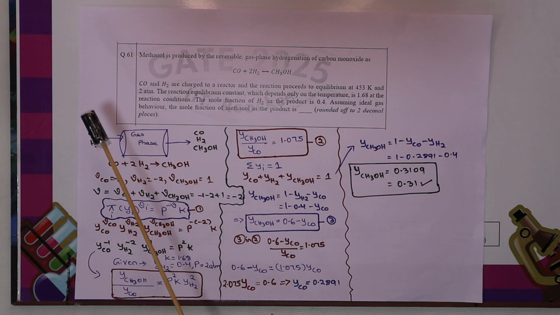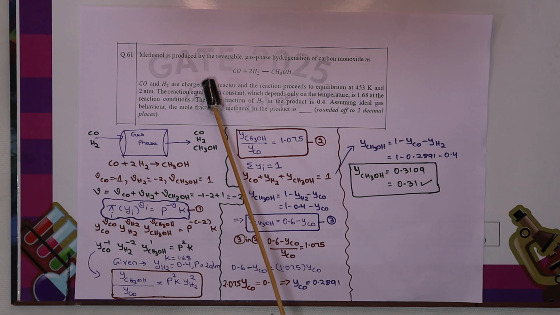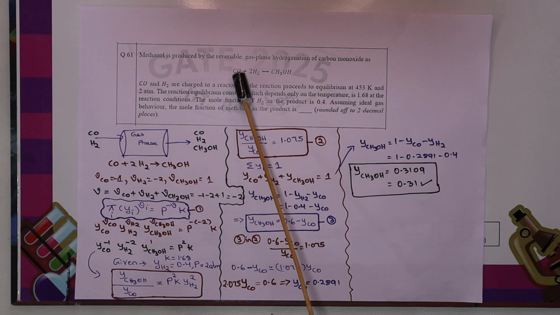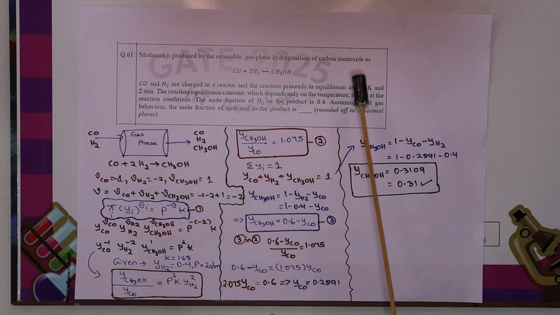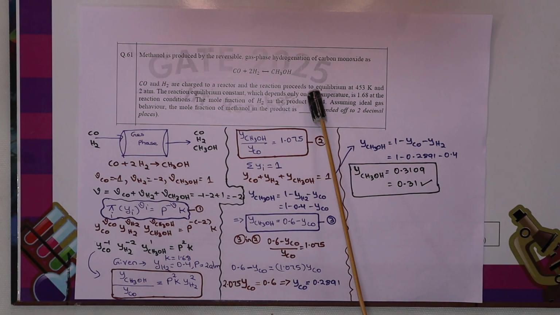This is question number 61. The question is given as: methanol is produced by the reversible gas phase hydrogenation of carbon monoxide. CO and H2 are charged to the reactor and the reaction proceeds to equilibrium at 453 Kelvin. That means after the reaction, the final temperature reached is 453 Kelvin and 2 atmospheric pressure.